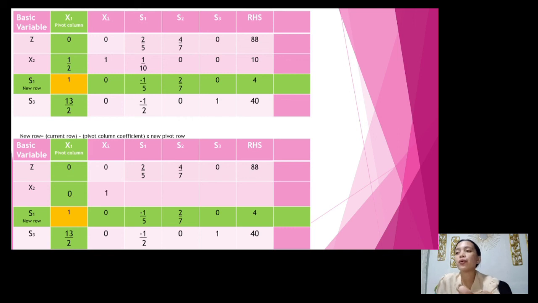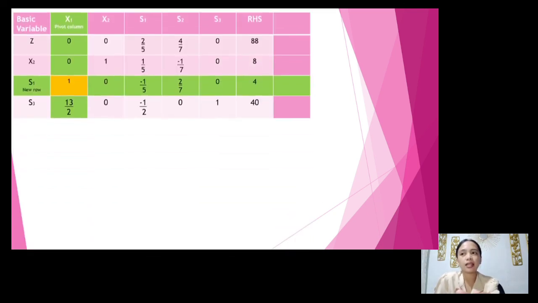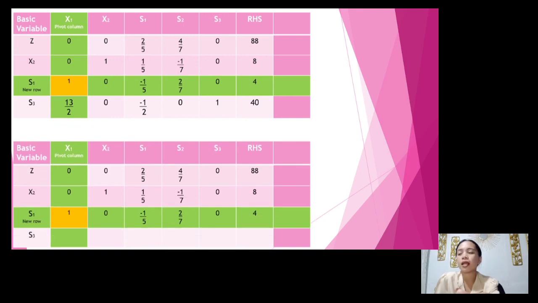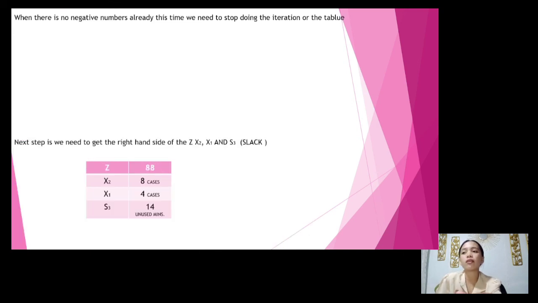This will be 0, 1, then 1/5, then -1/7, 0, and 8. Next is for our last constraint. This will be 0, 0, then 4/5, 13/7, 1, and 12.